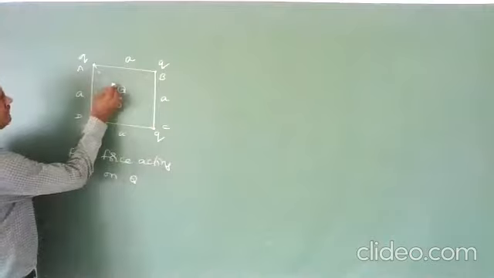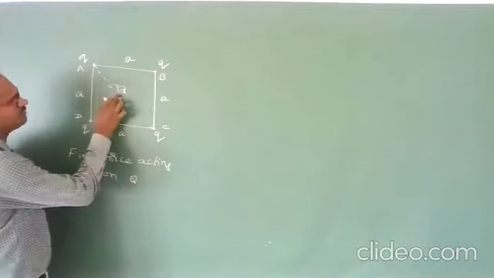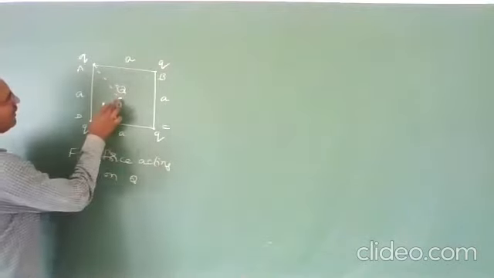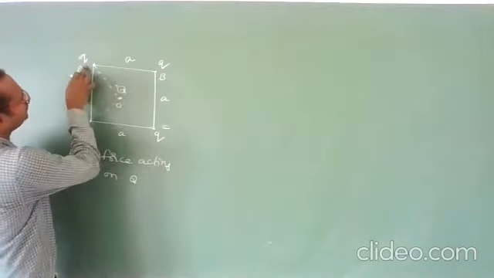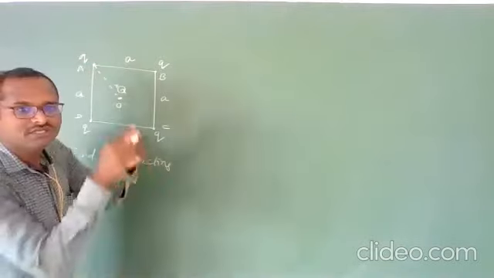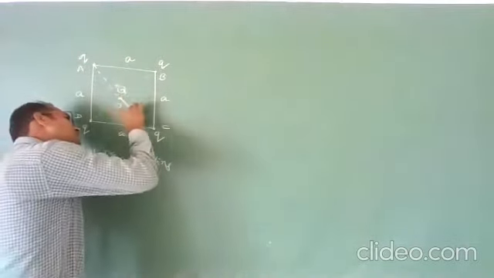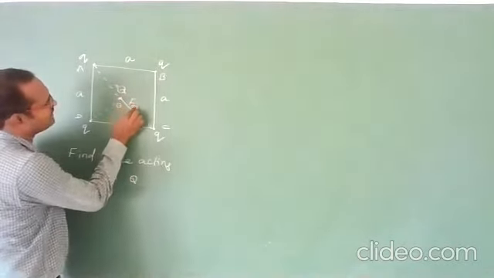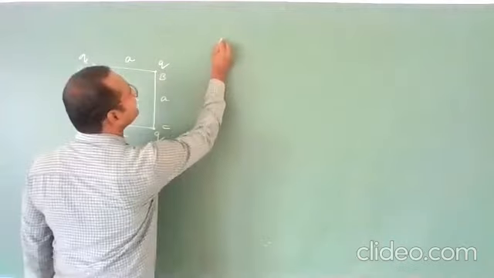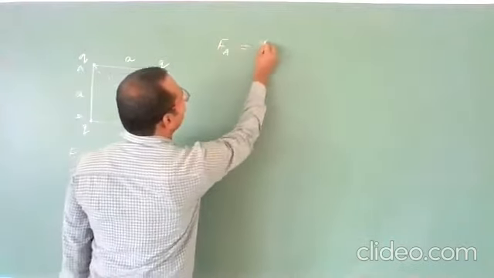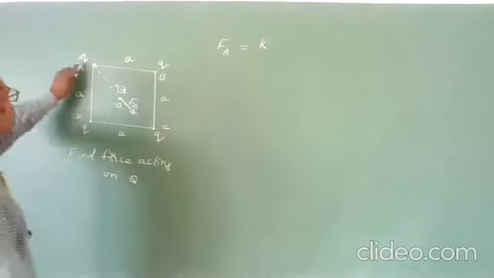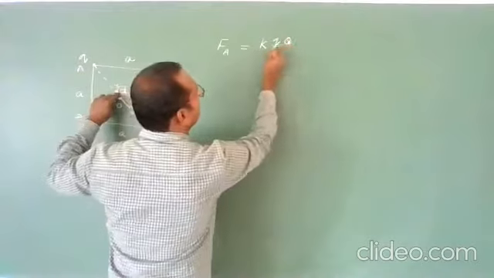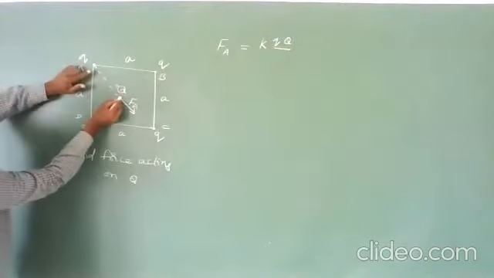Both are positive charges, let us suppose, and all are positive charges only. So first, on this charge Q, the force due to the charge at A is a repulsive force, in this direction. How much is it? Fa is 1 by 4 pi epsilon naught, this charge into this charge, divided by the distance between these two.